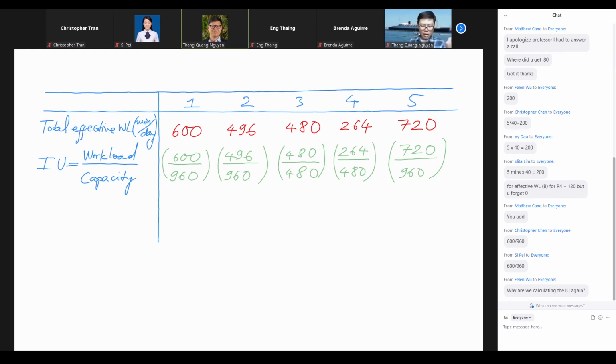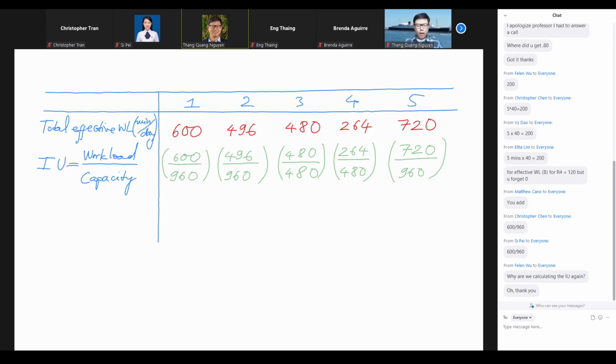So that's why we calculate the IU one more time, to verify that the smaller demand is okay with our capacity. And you're welcome. So let me write out the answers for you. The first number is 62.50%. The second one is 51.67%.